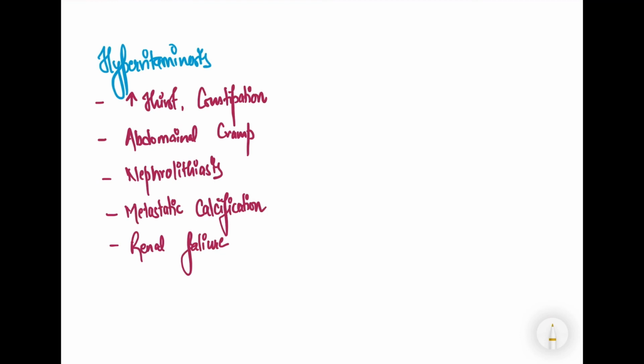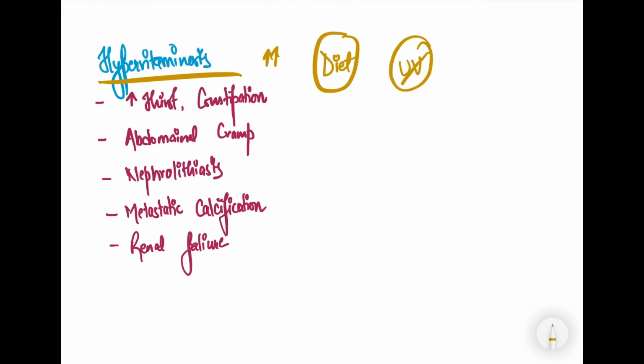Finally, moving on to hypervitaminosis, which is possible in the case of fat-soluble vitamins as they have storage. Hypervitaminosis in vitamin D is always brought about by the diet and never by UV exposure. You cannot get hypervitaminosis of vitamin D by UV exposure.